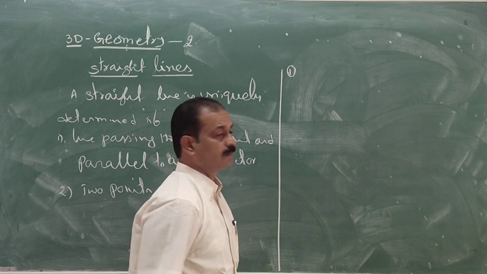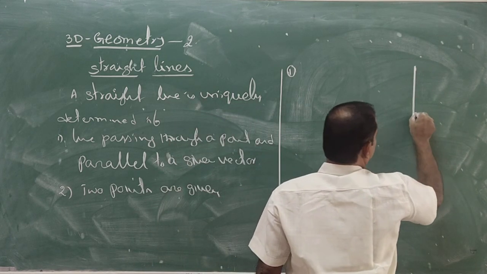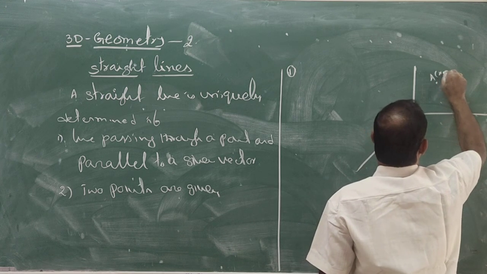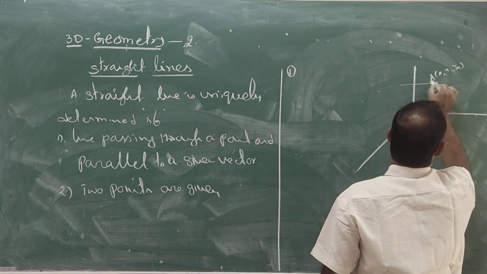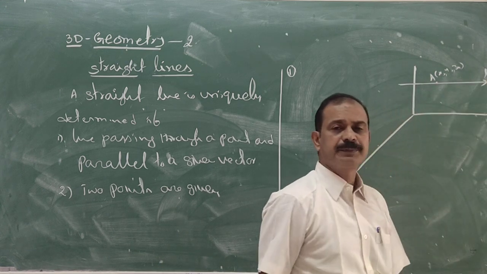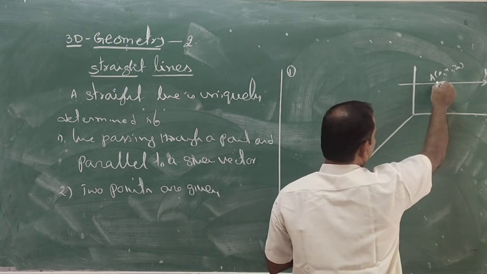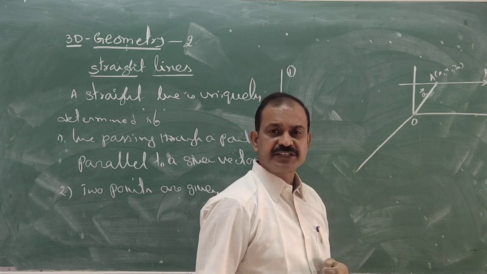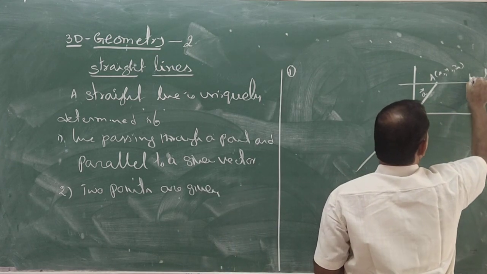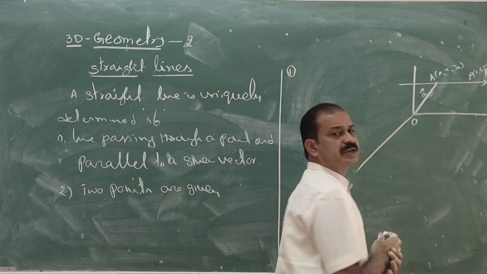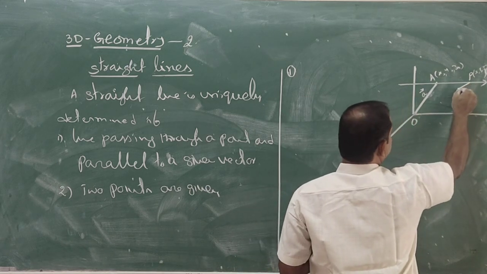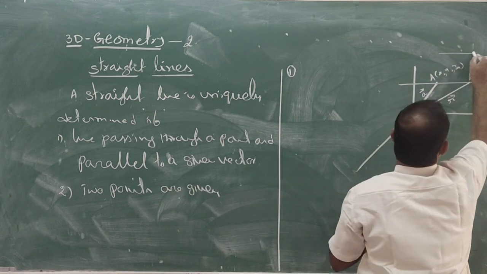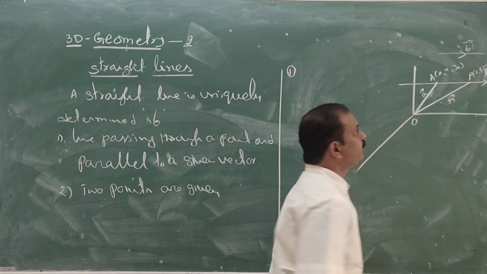So there is a point A of x1, y1, z1. The line L is passing through the point A whose position vector is A. Let P of x, y, z be any point on that line whose position vector is R. And line L is parallel to a vector B. This much only is given.